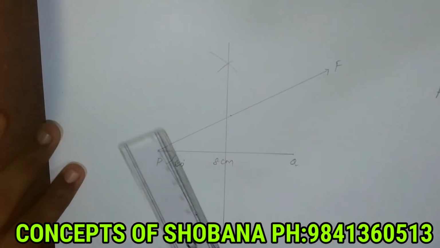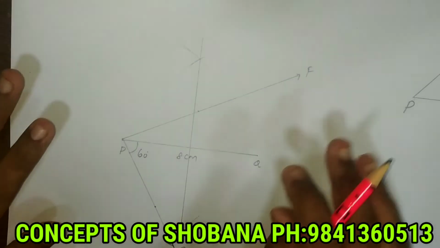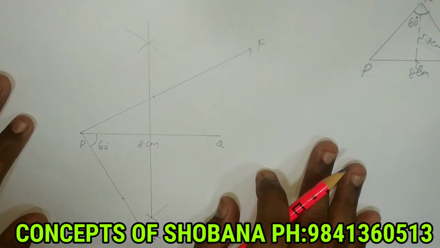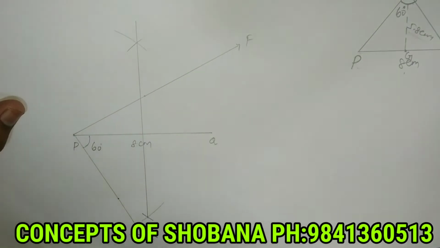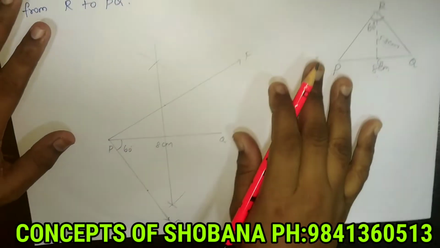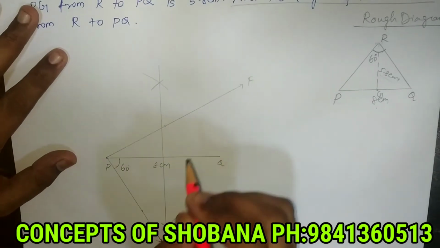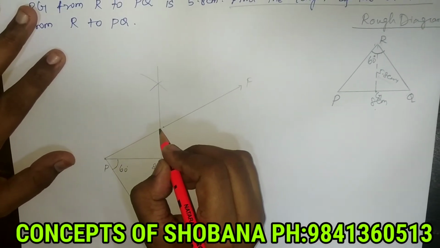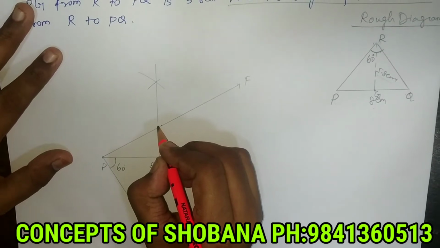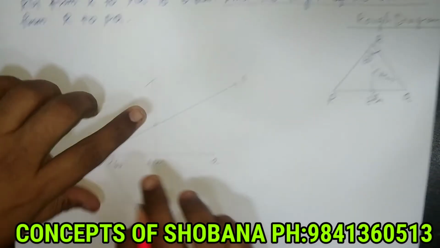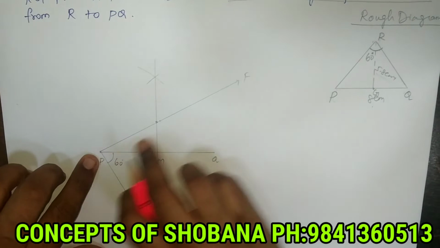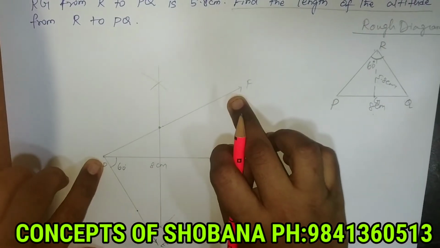Now what am I supposed to do? Here, this is a very important step where many children often go wrong. So be very careful. Now what you have to do is mark O, the point of intersection of the perpendicular bisector and the line PF, that is the 90-degree line.